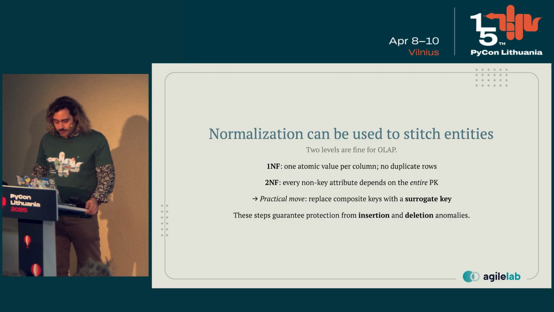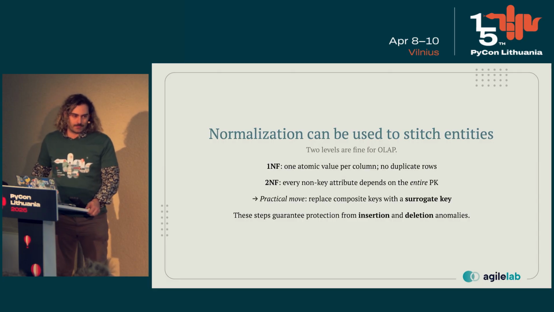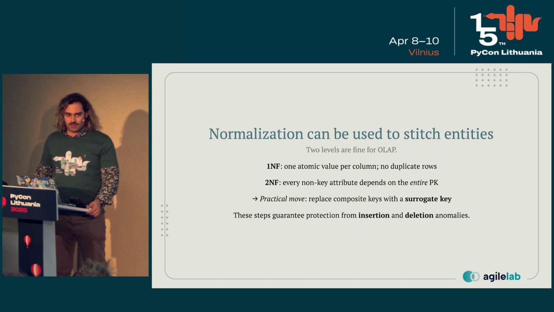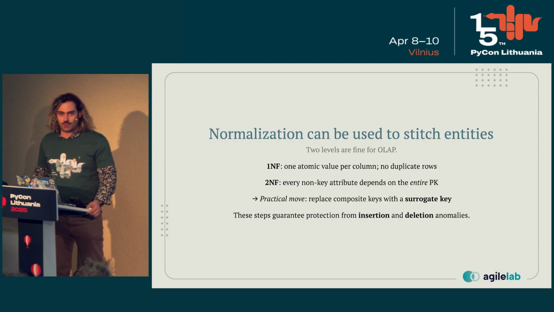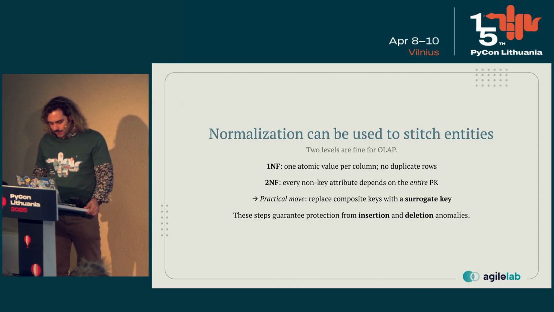The second normal form tells you that all the attributes should depend on the entirety of the key. When you have a composite key, then they're probably sales, products, shipment stitched together. Not every one of these entities will depend on the entirety of the key, but you can still surrogate it, transform the composite key into a single primary key by using the technique I showed you earlier.